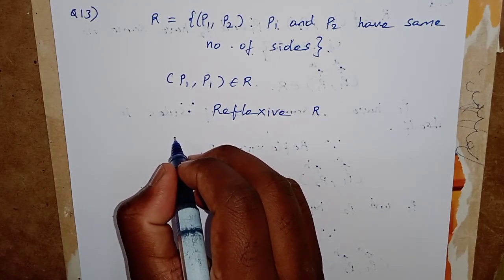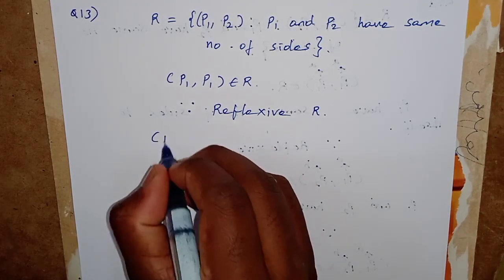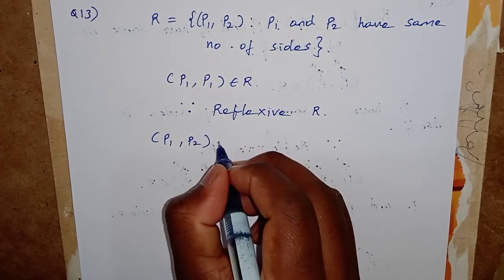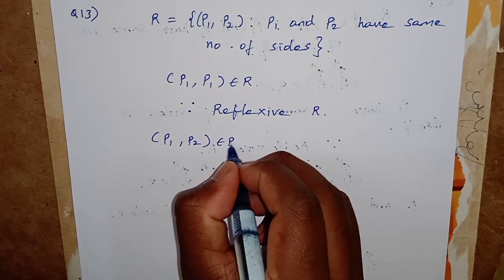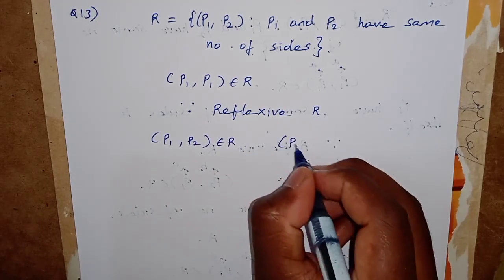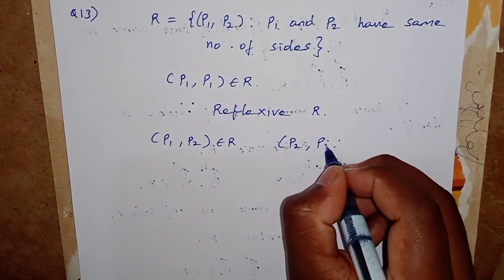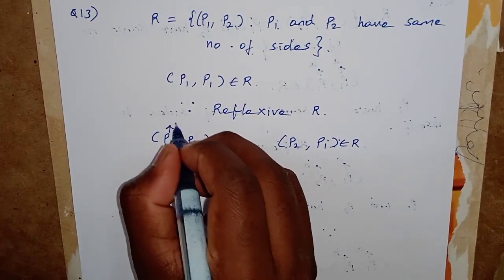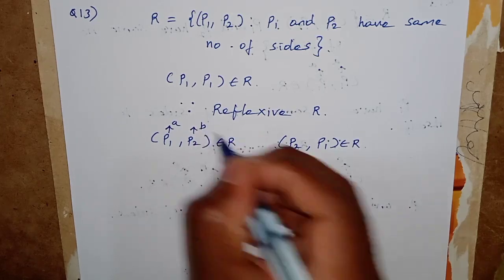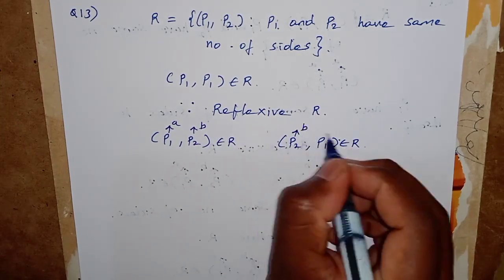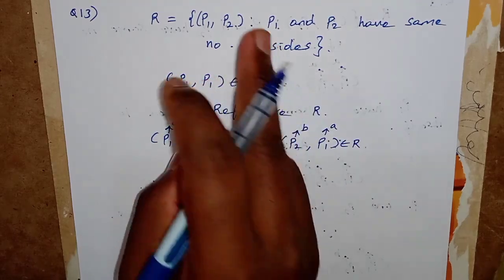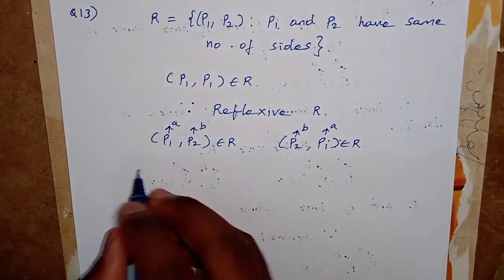Next, the second condition, symmetric. For symmetric, P1, P2 belongs to R. Okay, P2, P1 belongs to R. Here it is A, B; here B, A. Only the places are interchanged.